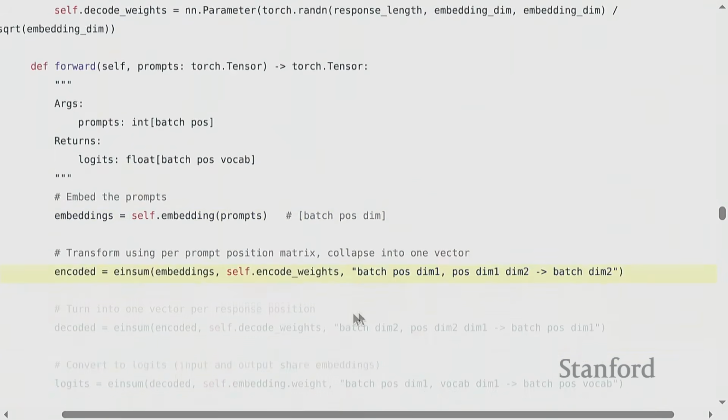Now I'm going to transform using the per-position matrix, and I'm going to collapse it. Using einsum, I have batch, position, dim1, and then this weight is per every position. I have this dim1 to dim2 transformation, and I'm going to end up with batch, dim2. So I've summed out the position and dim1.